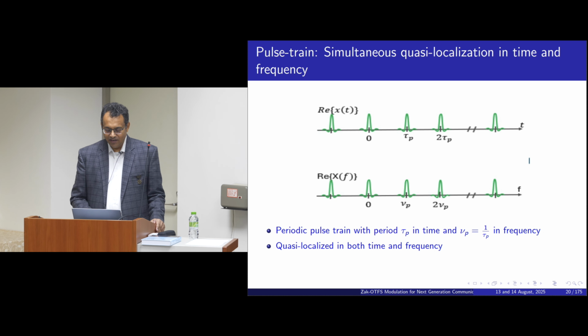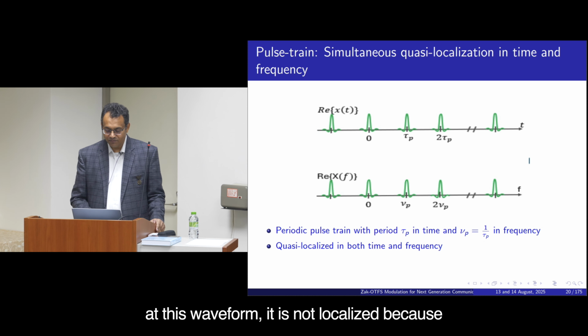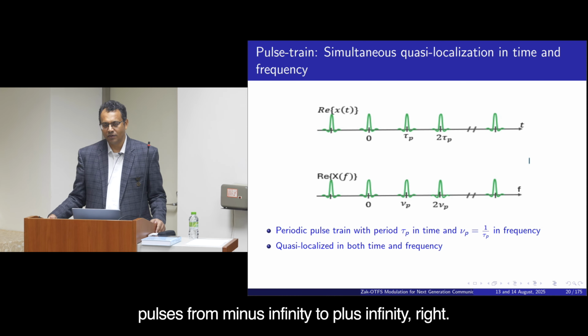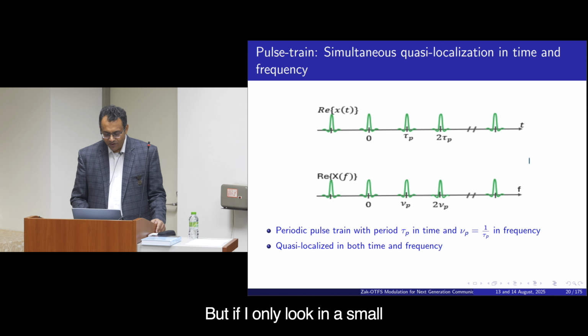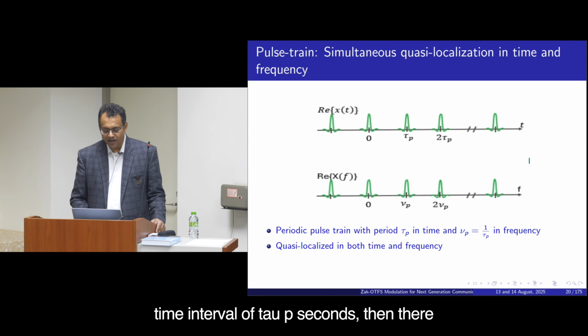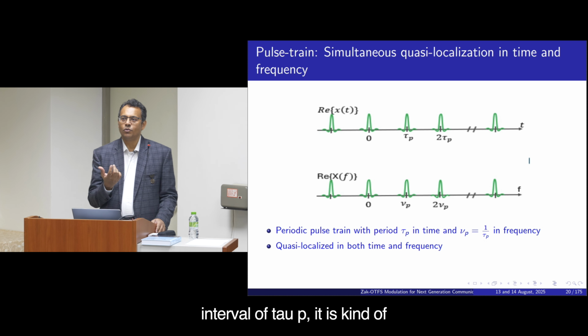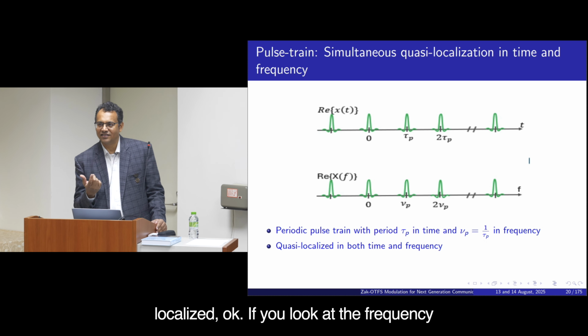Now if you look at this waveform, it is not localized because you have infinitely many pulses from minus infinity to plus infinity. But if I only look in a small time interval of tau p seconds, then there is only one pulse. So in every interval of tau p, it is localized.